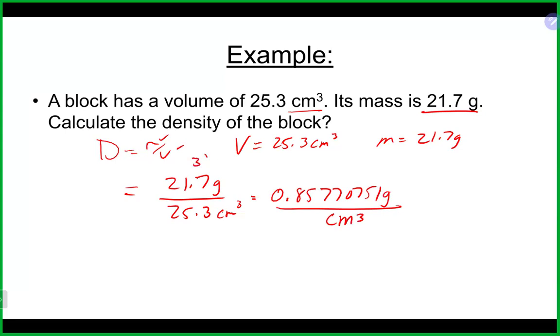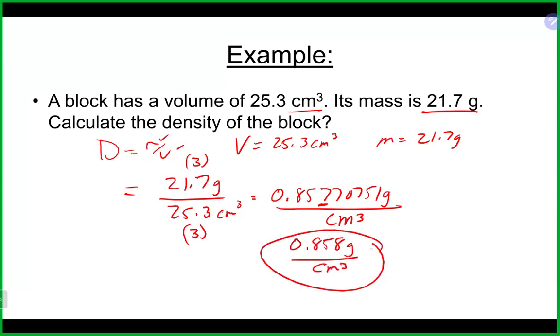Top number has 3, bottom number has 3, which means we should end up right about there. So 0.858 grams per cubic centimeter would be our answer. Again, the units do not cancel, so you have to keep both units. The number with the top number stays with the top unit. The bottom one is 1, basically. Question on that one there.